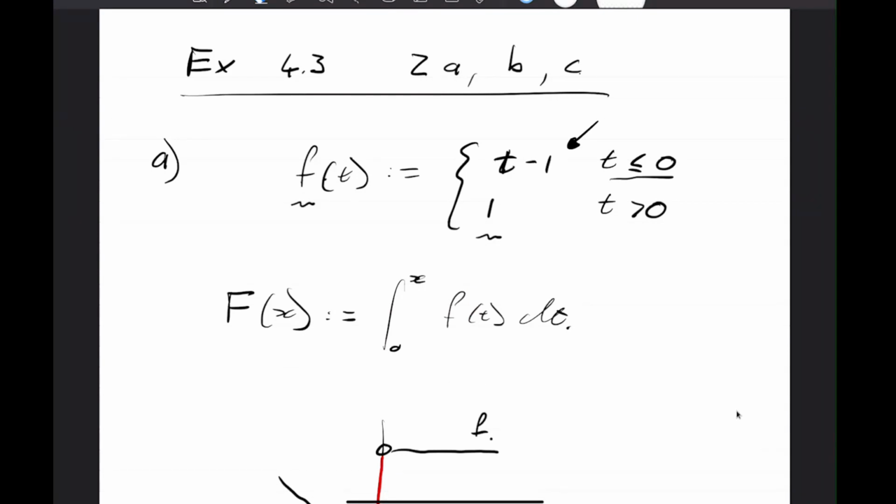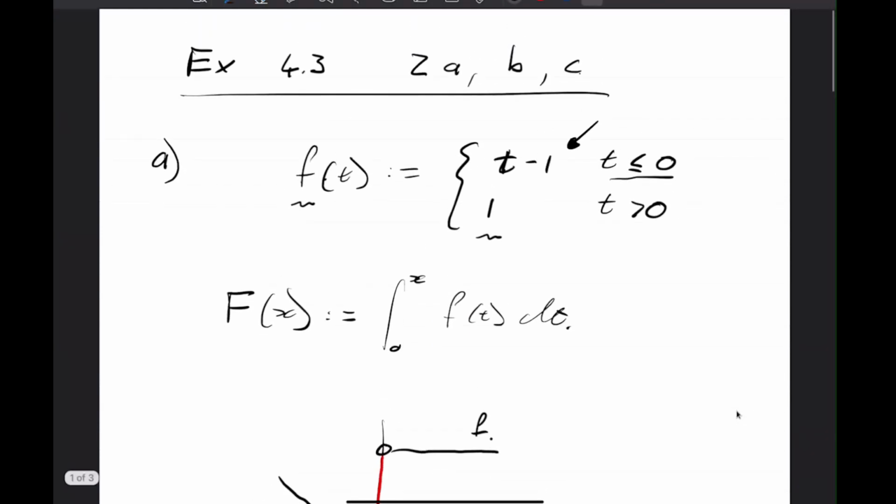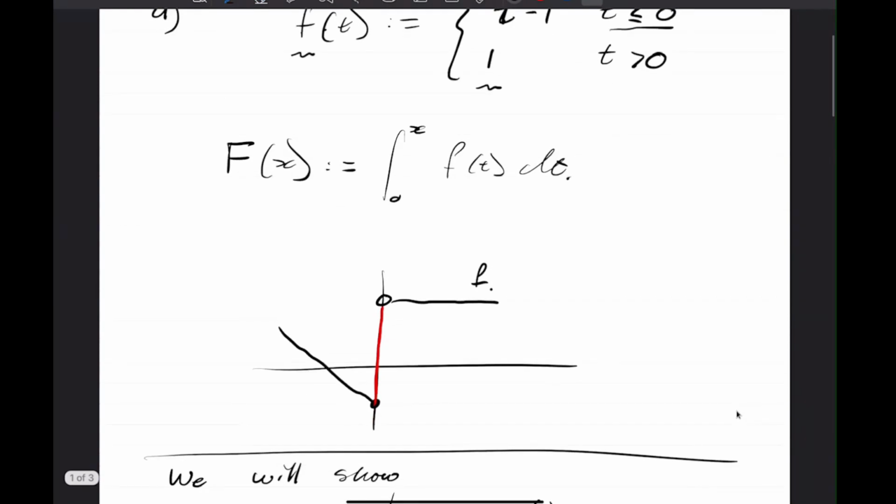However, that is under the condition that little f is continuous everywhere. So here, little f is not continuous because it has this discontinuity at 0. And therefore big F is not differentiable at 0.